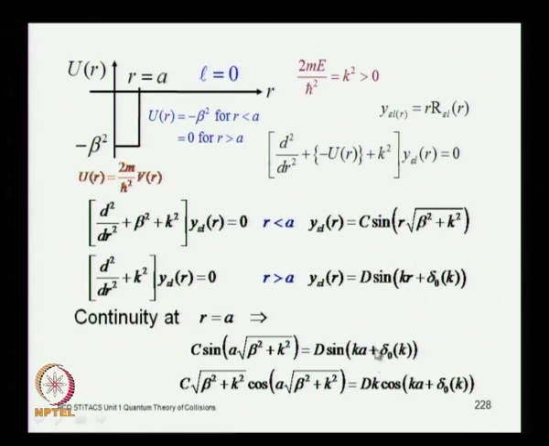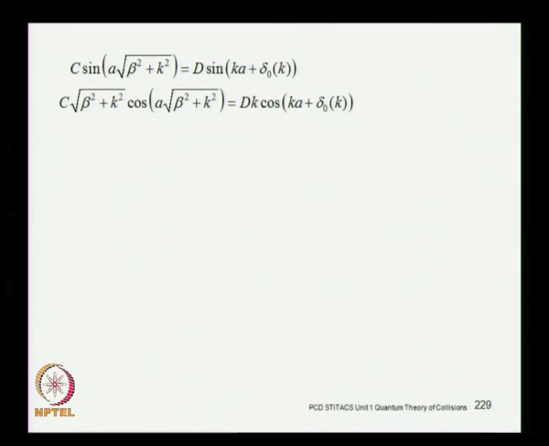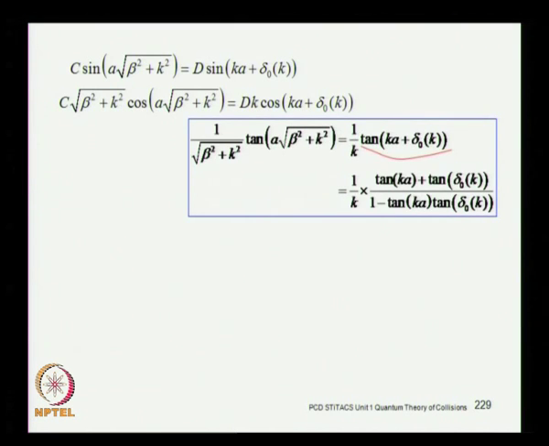So, these are the two equations which result from the continuity of the wave function and continuity of its derivative. So, these two equations must be satisfied, and when you divide the first equation by the second, you get the relationship between the two tangents, okay.